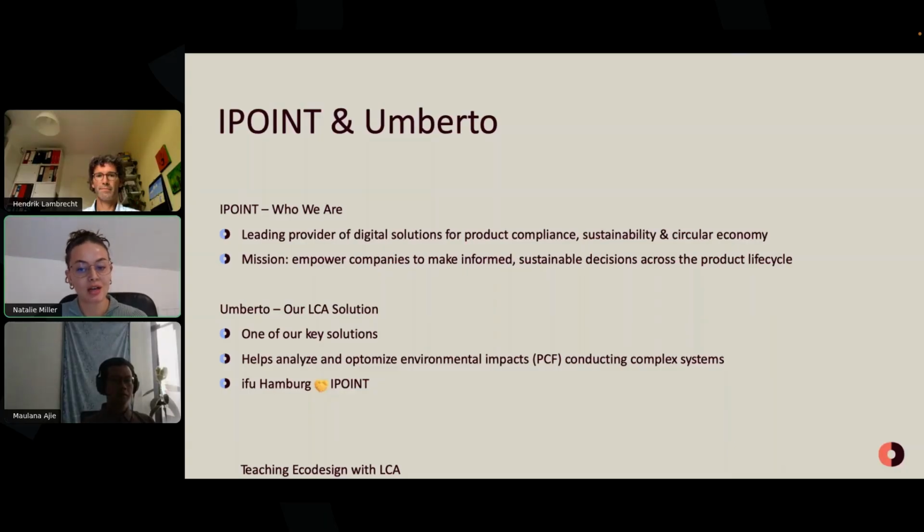Umberto helps companies analyze and optimize environmental impacts, from calculating PCFs to conducting complex system-level LCAs. Some of you might remember IFO Hamburg, which is the original developer of Umberto. In case there's any confusion, IPOINT and IFO actually joined forces back in 2017, combining deep LCA expertise with innovative technology. So that synergy is a big part of what we're sharing with you today.